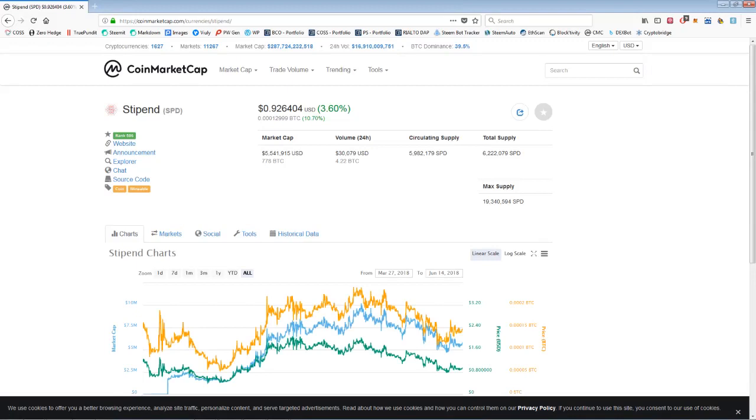So it would be like an e-lancer type website with a native cryptocurrency and all the smart contracts set up to release funds at certain times and all that stuff. But it caught my eye. I did some preliminary research into it. It looked good, so I took a little speculative position here.